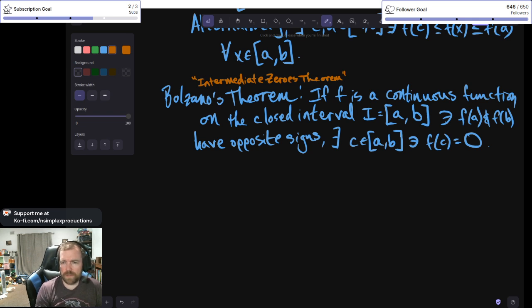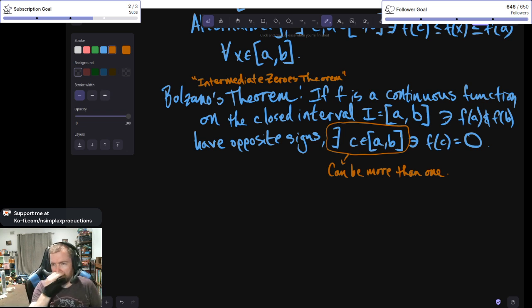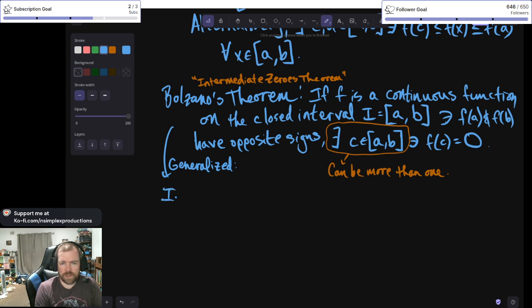Right, and technically, just this part here does also imply that there can be more than one. Right, there exists some c on that interval A to B such that f of c is 0. Again, at least 1. And this is generalized to our intermediate value theorem.